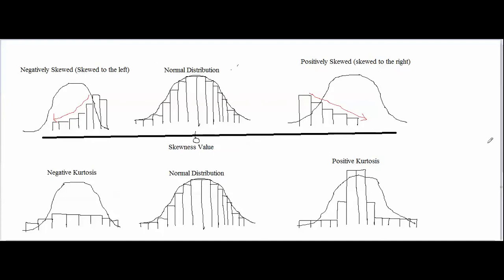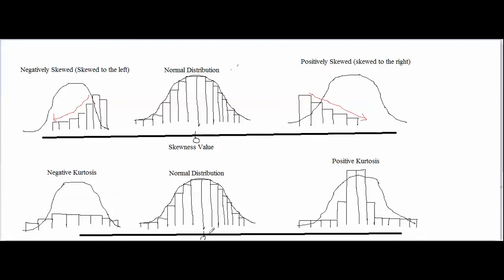And actually, kurtosis works the same way. If the data is perfectly normal, then it'll have a kurtosis value of 0. If the kurtosis value comes out to a negative number, then you have a negative kurtosis.